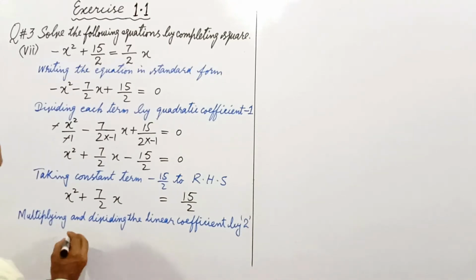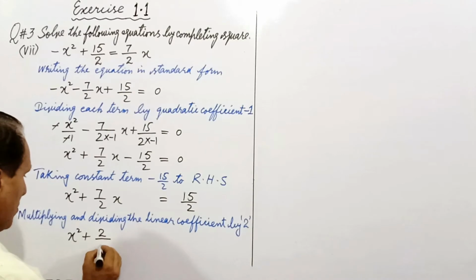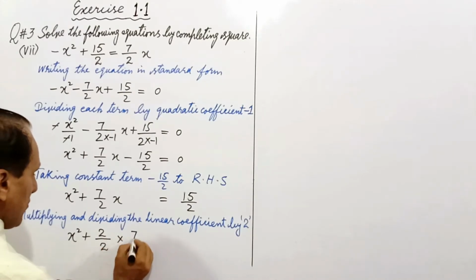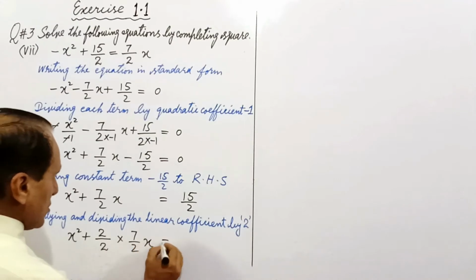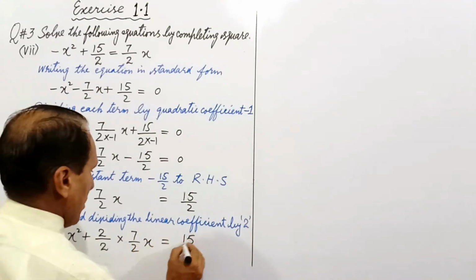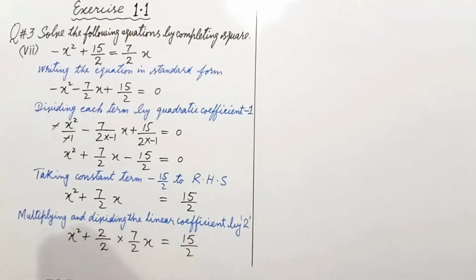We have x square plus 2 by 2 multiply 7 over 2 x is equal to 15 by 2 on the right hand side.